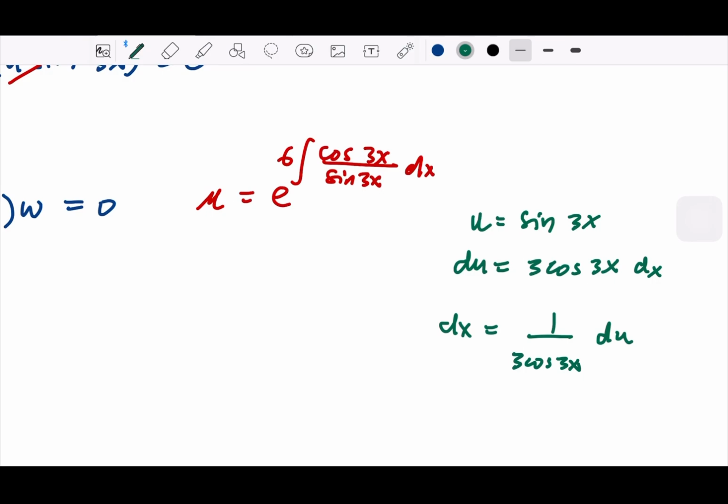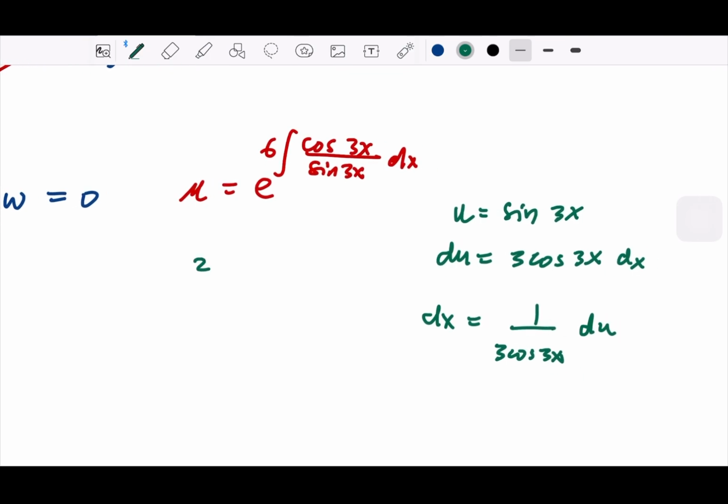So we are going to have 1 over sine 3x, or this is ln, right? So 1/u du. So we can have 2 ln u, or 2 ln sine 3x.